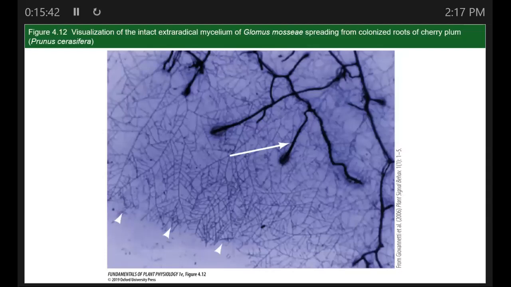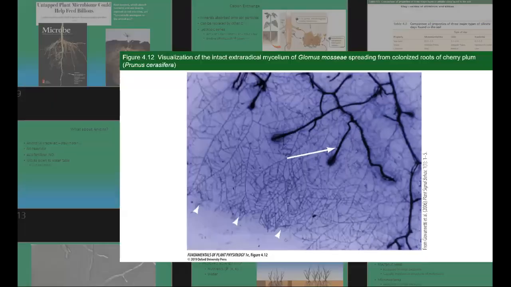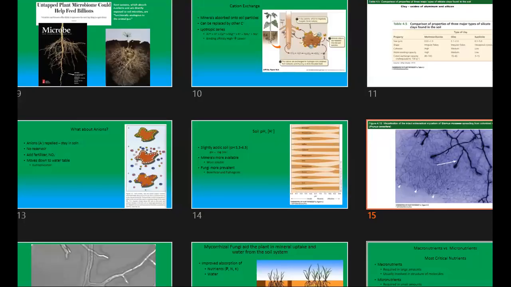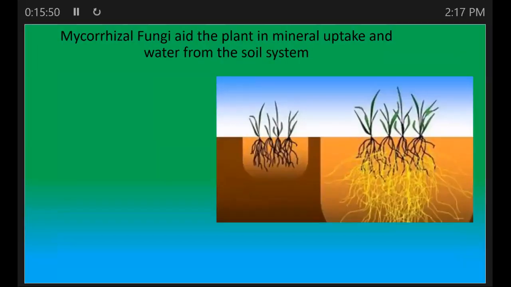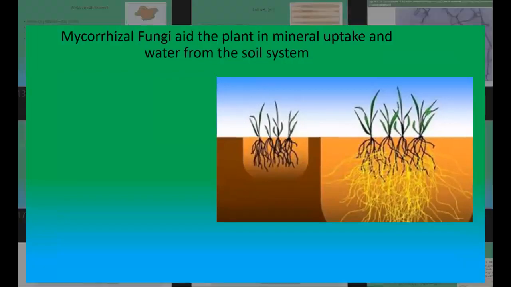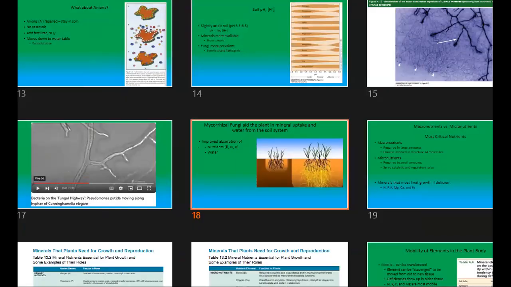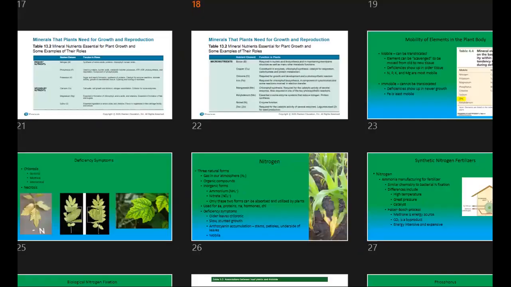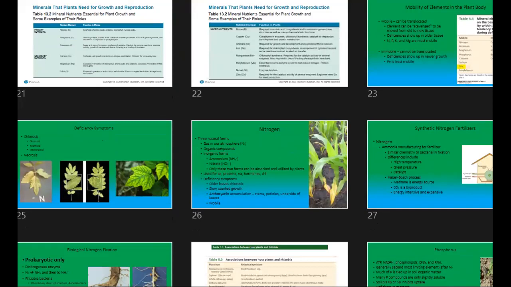So as you grow plants in a soil system, you really need to know a little bit about your soil and also about the microbes in the soil, and that you want to cultivate the right kinds of microbes, right? Because there are some good ones and some not so good ones that you want to keep your plant away from.